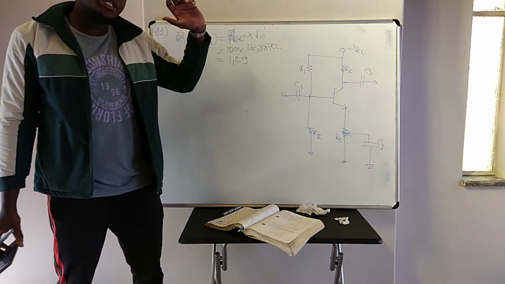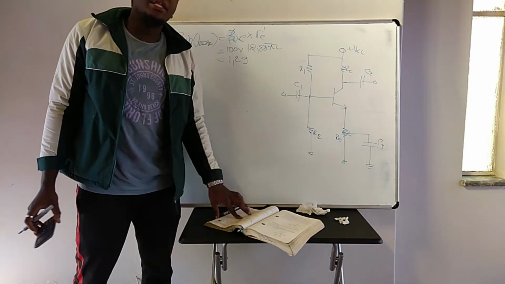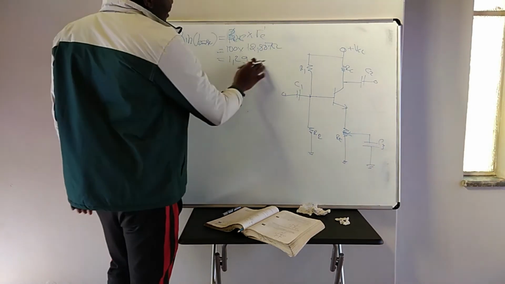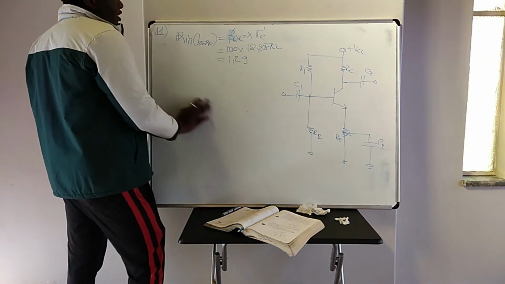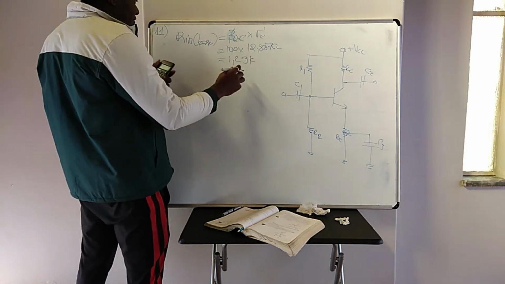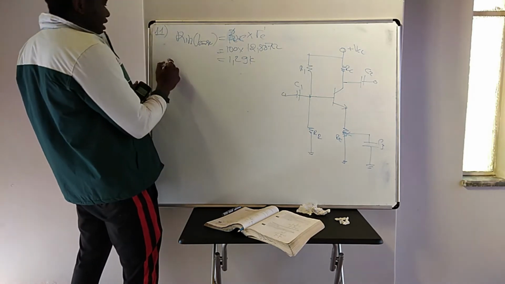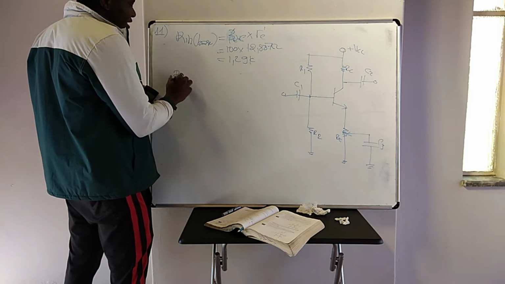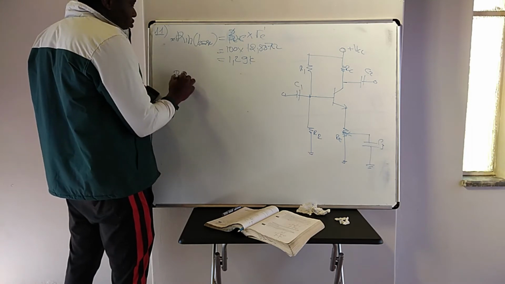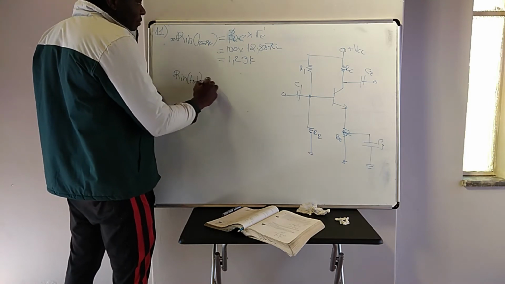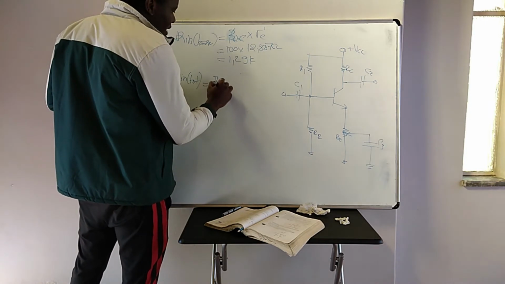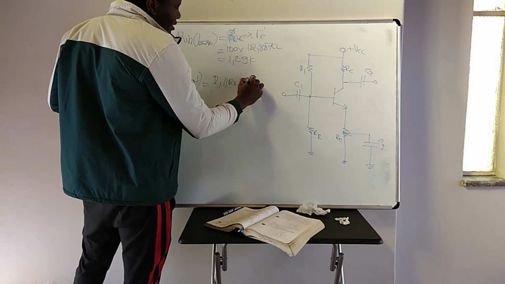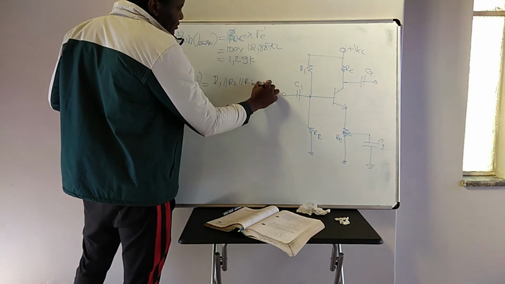So that question number 10 is question number 11, because we're going to get the same value in question number 11. So you get K here in kilo, and then we calculate R in total, by saying R1 parallel to R2 parallel to R in this.